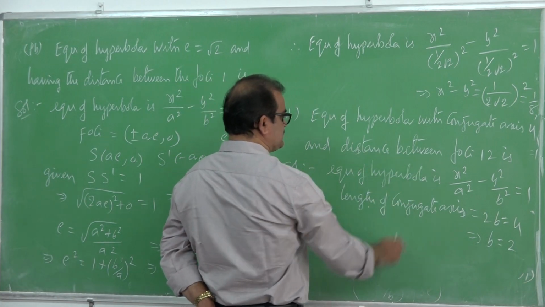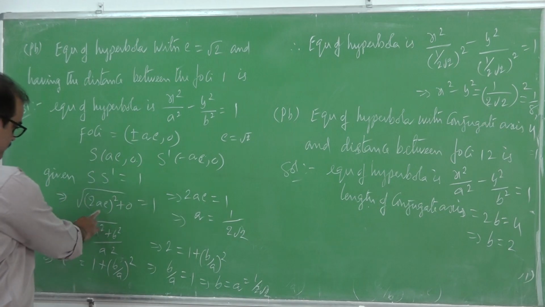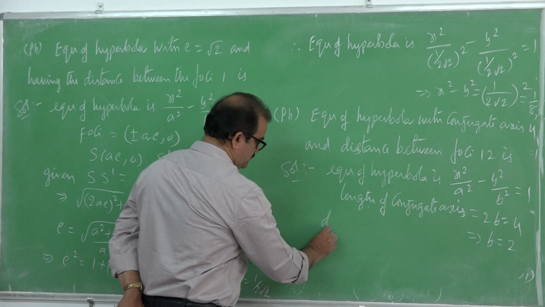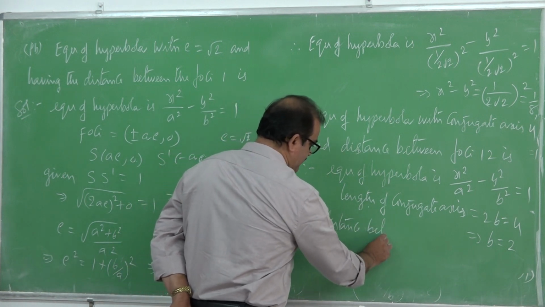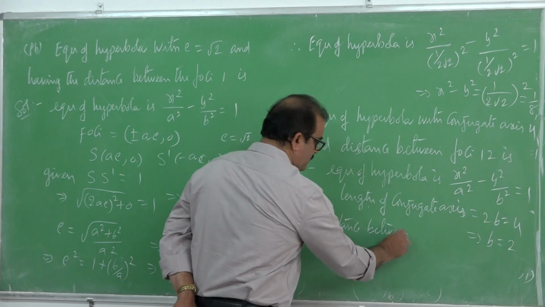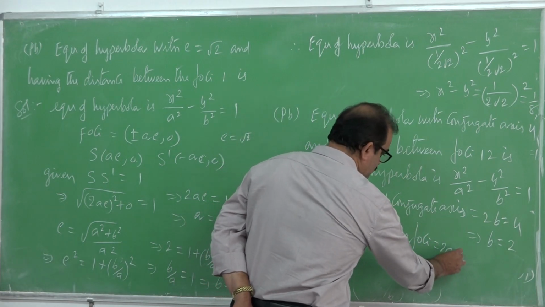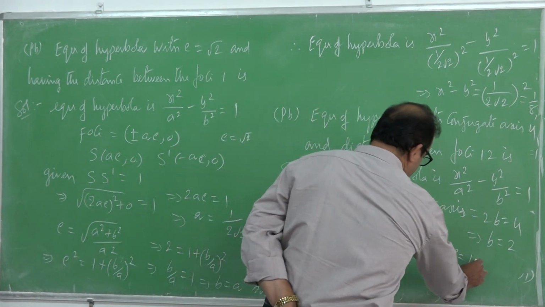Also given distance between the foci is 12. We already found distance between foci is 2ae. Distance between foci is equal to 2ae, that is 12.